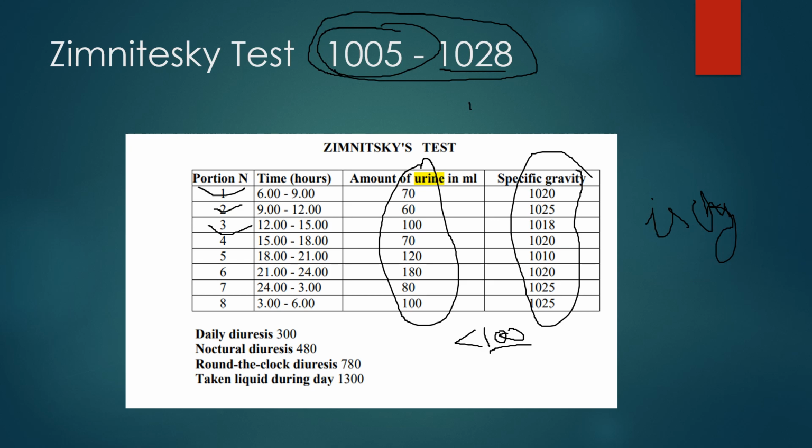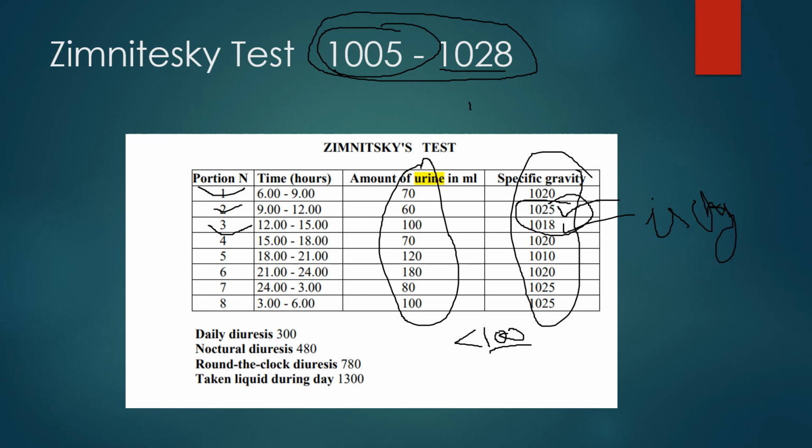Here we can see the maximum value is 1025 and the minimum value is 1018. So we will take the difference of these two values, maximum minus minimum. And if this difference is less than 10, then we are talking about the next pathology, that is called isostenuria.